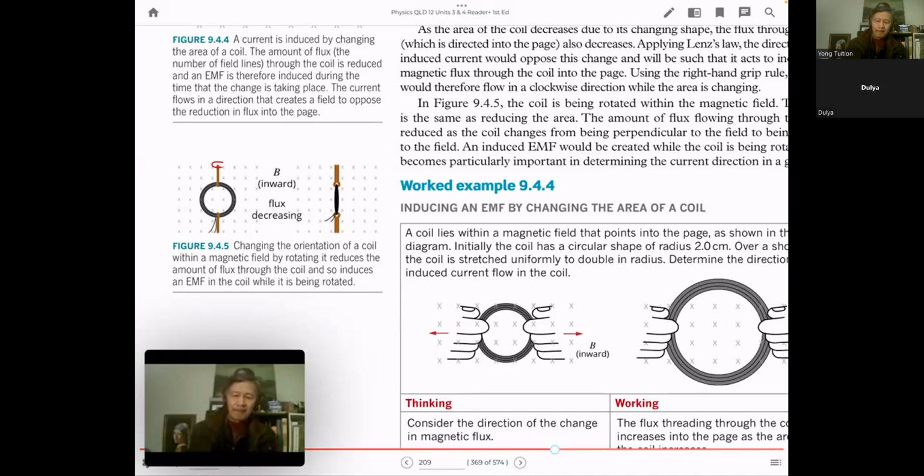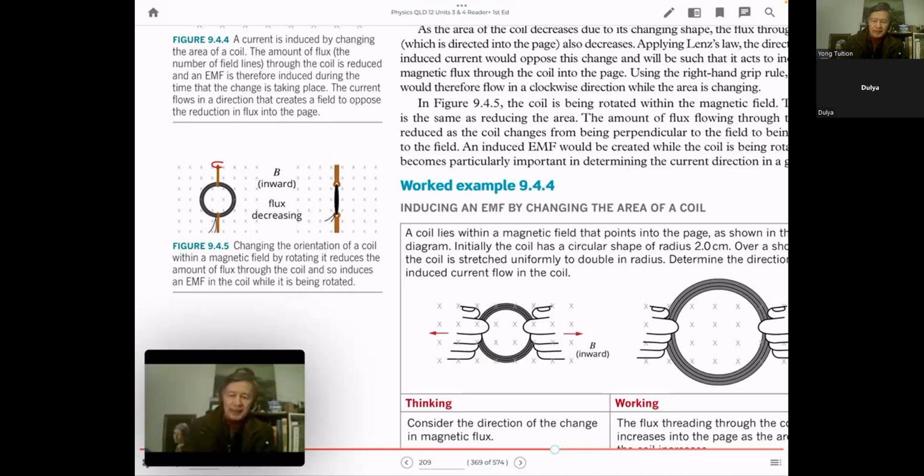Into the page? In this way, yeah, it's very hard. If you go to the extreme, basically this time the area is changing, so they have to ensure the induced field is in the same direction as the original magnetic field.